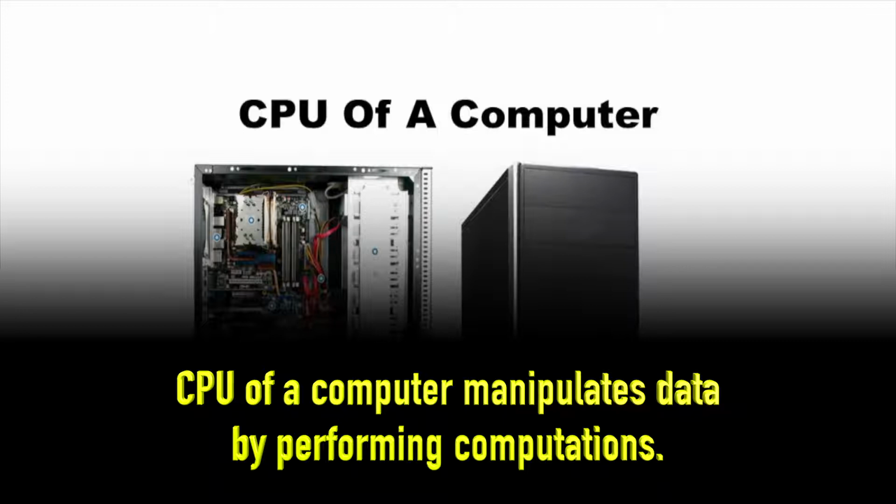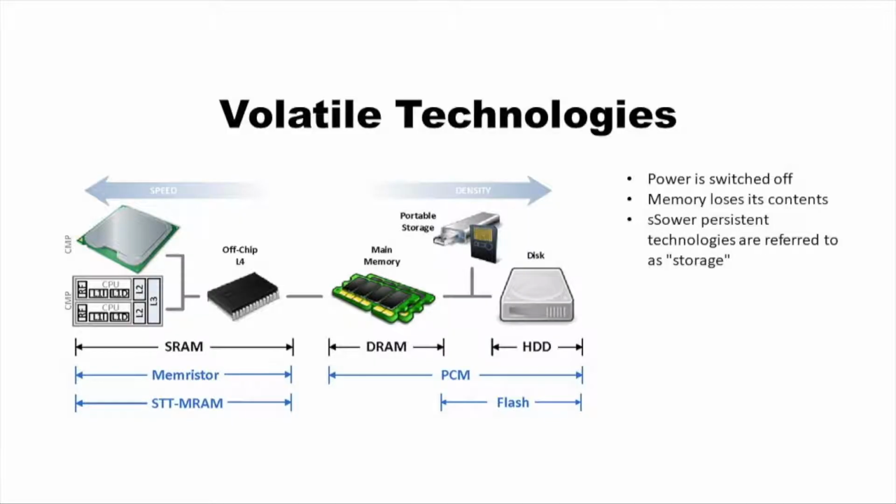In the real world, all computers use a storage hierarchy which puts fast but expensive and small storage options close to the CPU and slower but larger and cheaper options further away. Generally, the fast volatile technologies are referred to as memory. What does volatile mean? Here volatile means when the power is switched off, the memory loses its contents. Then the slower persistent technologies are referred to as storage.